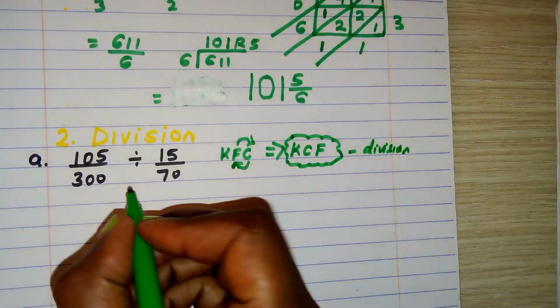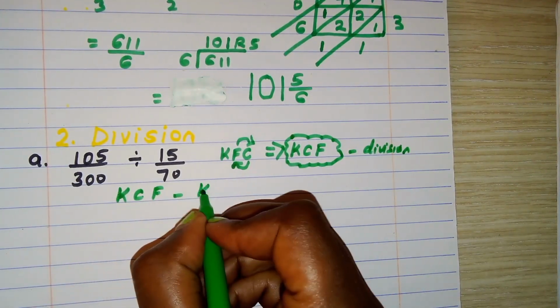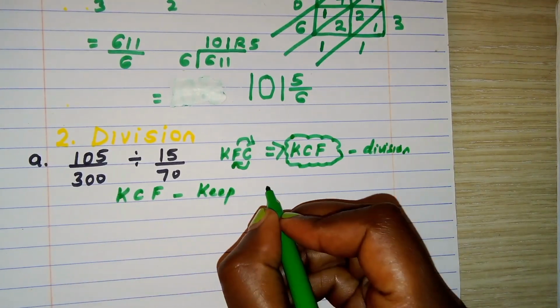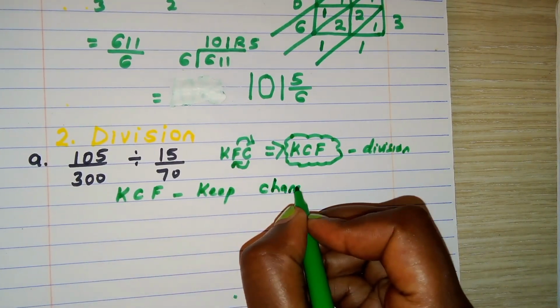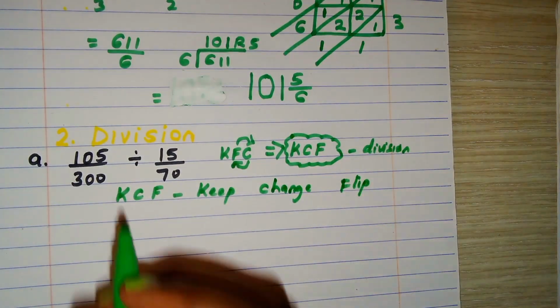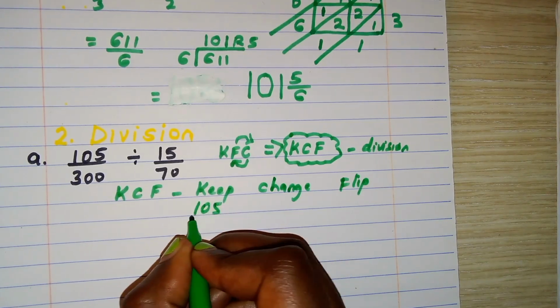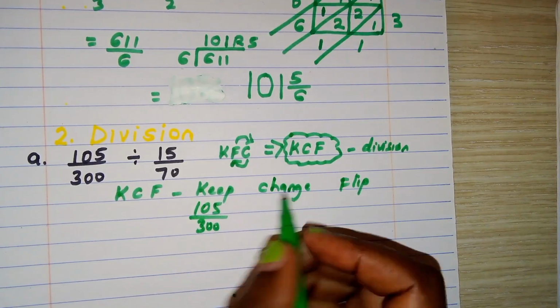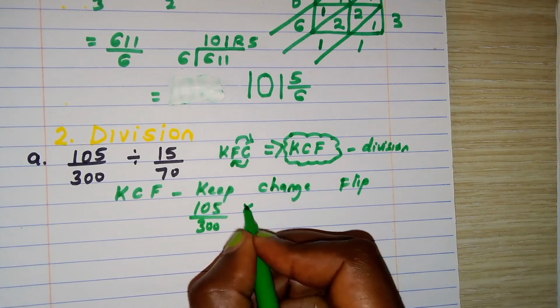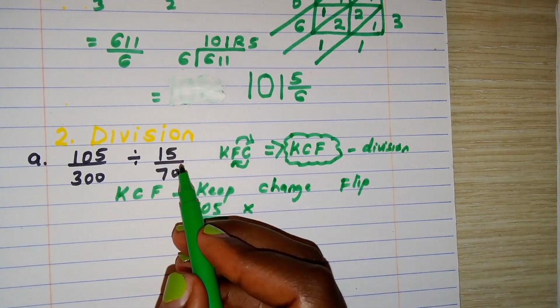And what does KCF mean? KCF. K is for keep, C is for change, F is for flip. So you keep the first fraction, keep it the way it is, 105 over 300, change the sign to times, division to times, then you flip the last fraction.